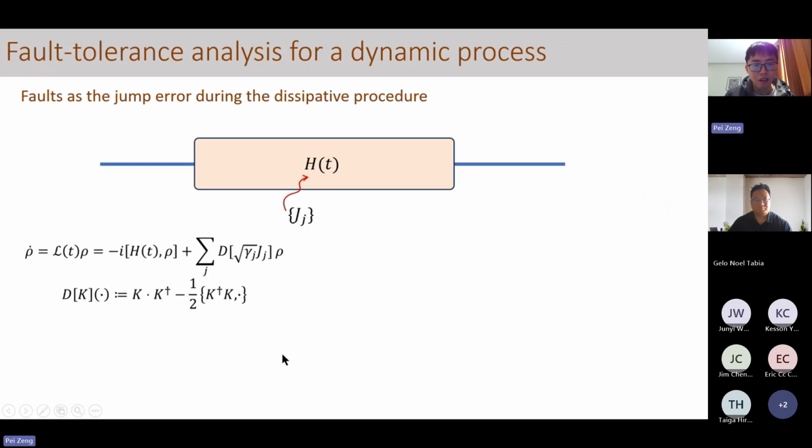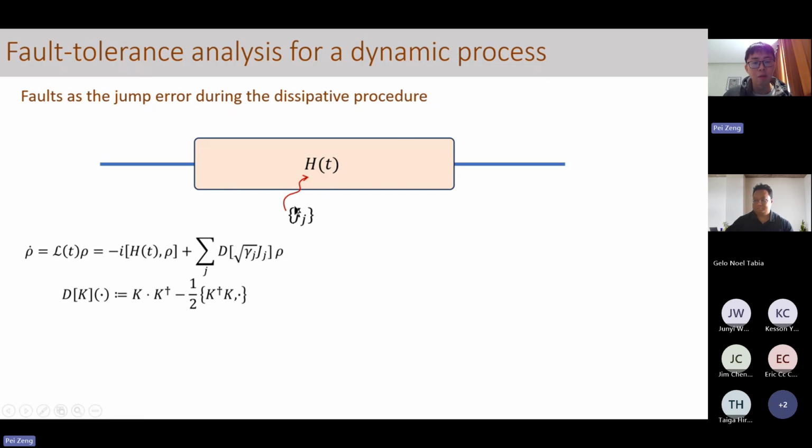What actually happens when you implement a gate, let's say a logical Hadamard gate or a Sinar gate? Usually people apply a Hamiltonian drive on the qubit. During this Hamiltonian drive, there will be some dissipation. The dissipation is basically a Markovian open-system dissipative procedure.